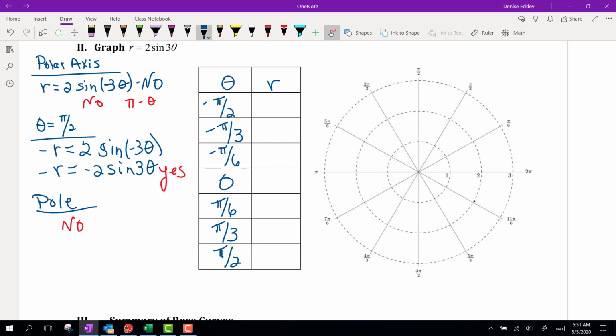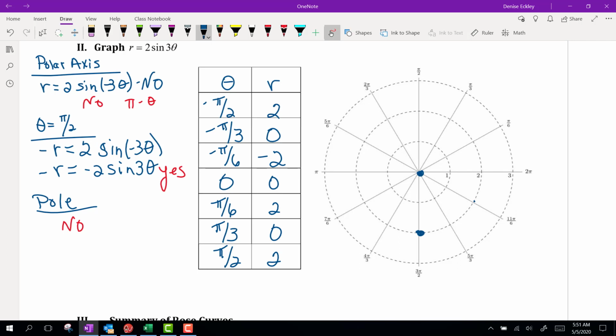And then I'm just going to quickly put the values in for this so you guys can see them. You can double check me. All right, so at negative pi over 2, we're at 2. So that's there. And then at negative pi over 3, we're back at 0.